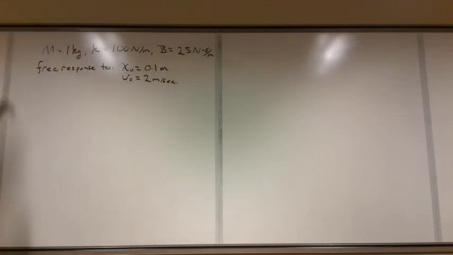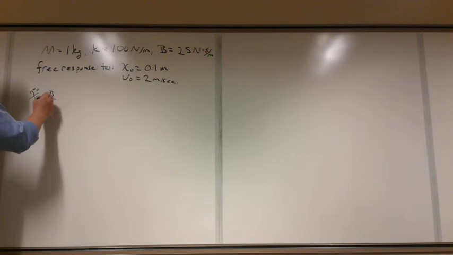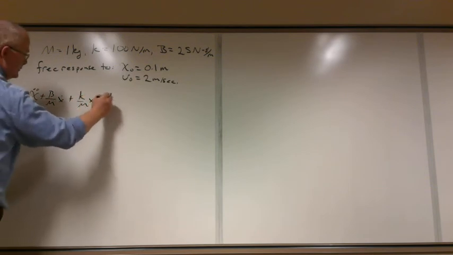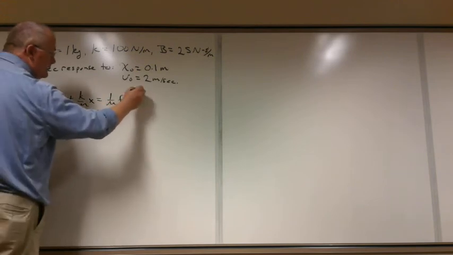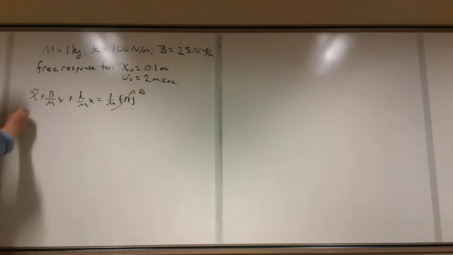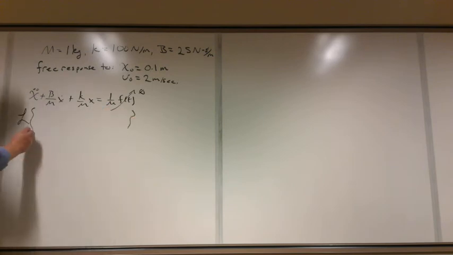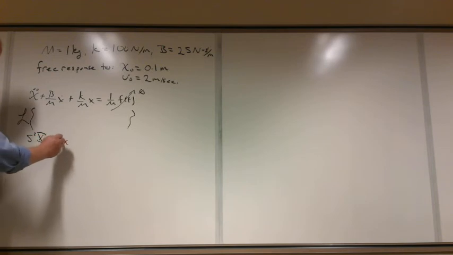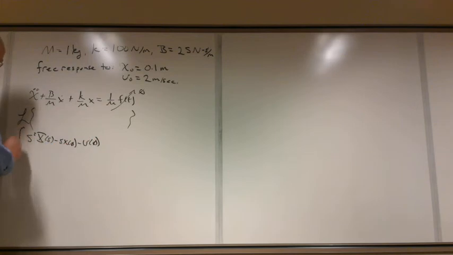All right, so to do this problem, recognize that you start off with the differential equation x double dot plus b over m x dot plus k over m x is equal to 1 over m f of t. And for our particular situation right now, f of t is equal to 0. We take the Laplace of both sides, and of course we get s squared x of s minus s x of 0 minus v of 0.